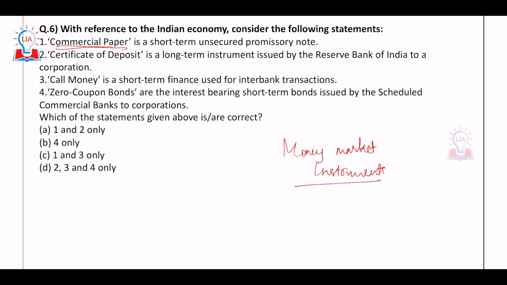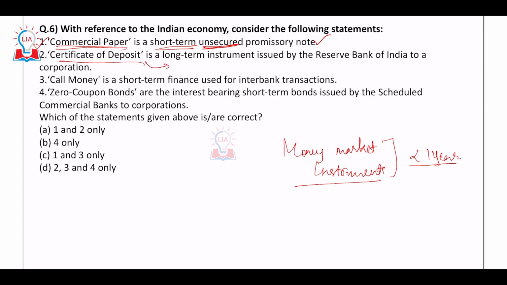It is like a bond for a short term issued by the corporate sector, for less than 1 year. So it is a short term instrument. Whether it is secured or unsecured, it is clearly unsecured. So one is right.